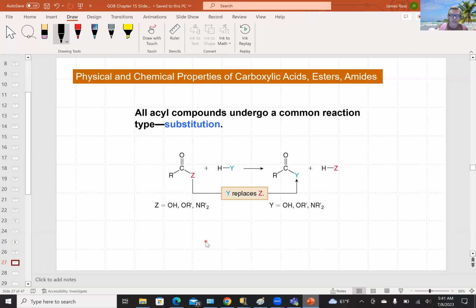So basically what this is saying, if I would rephrase it, you've got esters, amides, and carboxylic acids.